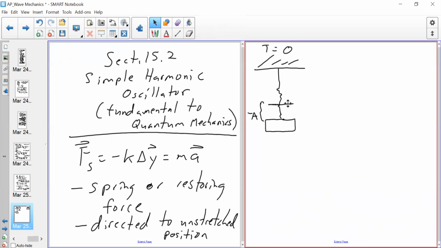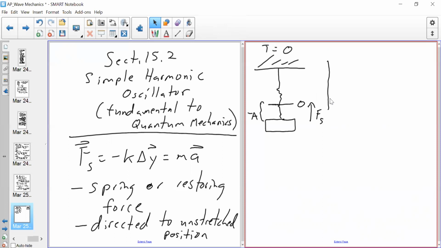So this is unstretched, and the spring force is going to go right to this 0 point, so it's directed upward, because the spring force is always going to be opposite the direction of the mass. The mass goes down, spring force is up. Mass is up, spring force down. Alternating currents, alternating frequencies, alternating force directions. Everything's harmonious.